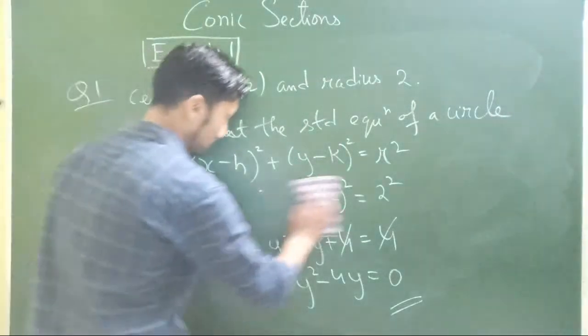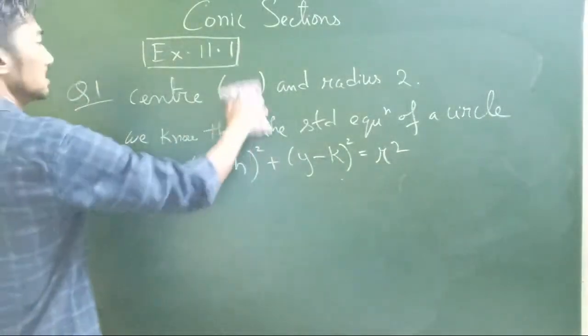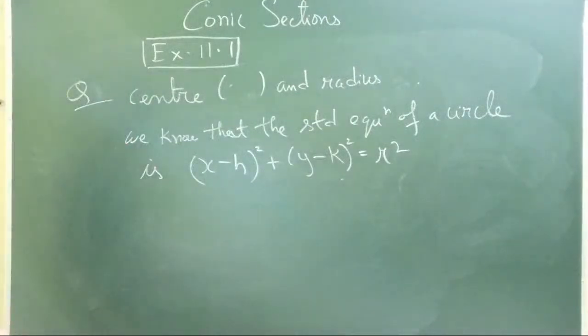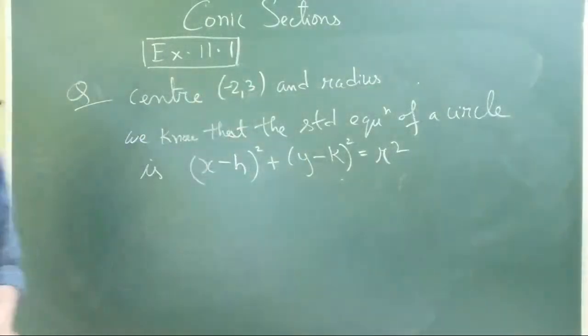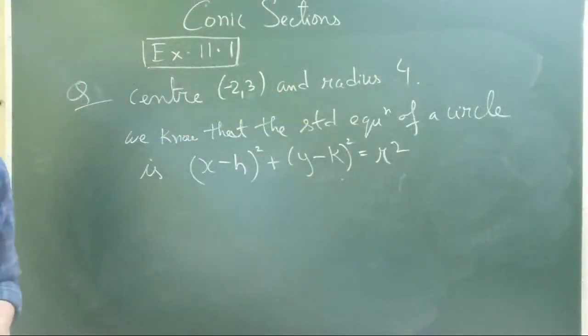The second question: the center is given as (minus 2, 3) and the radius is given as 4.